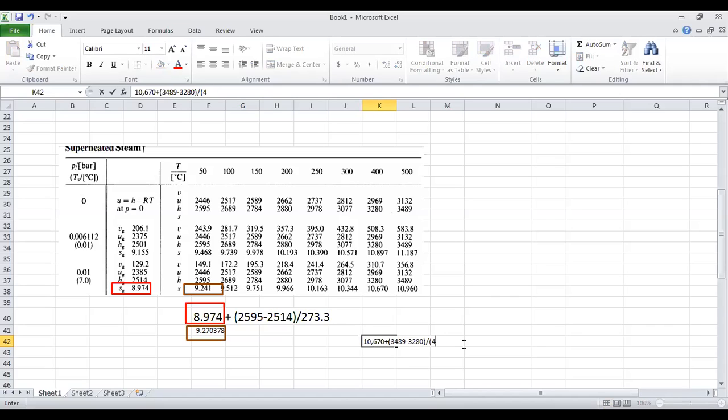Let me take this as 450 plus 273. See what is this value?